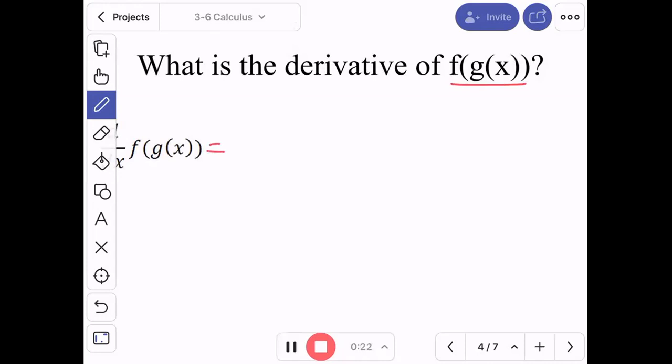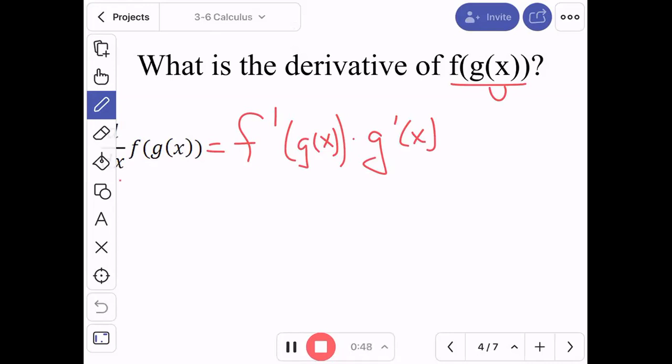Well, what we were doing was taking the derivative of the outside function in terms of u, g of x being my u, times the derivative of the inside function. So d dx of f of g of x is the derivative of the outside function in terms of the inside function times the derivative of the inside function.